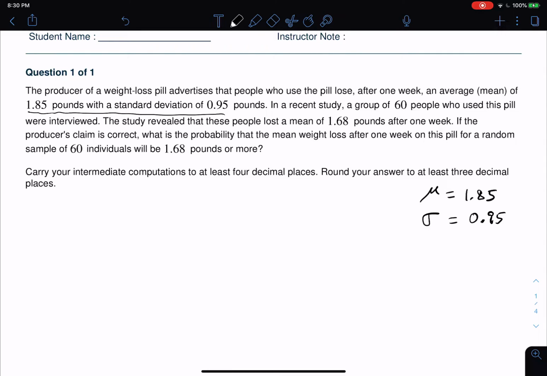Okay, continue on. In a recent study, that sounds like a survey, a sample of 60 people who used this pill were interviewed. The study revealed that these people lost a mean. So now we're talking about a study of how many people.